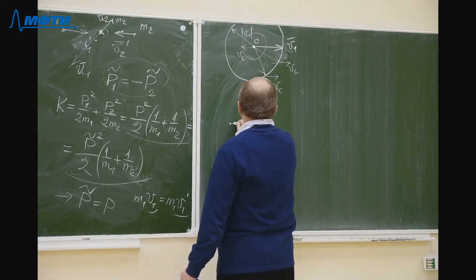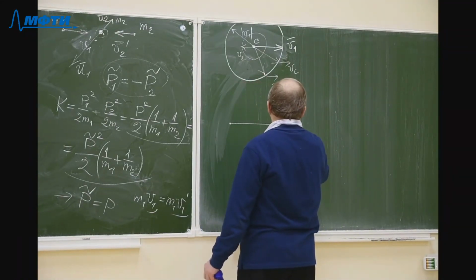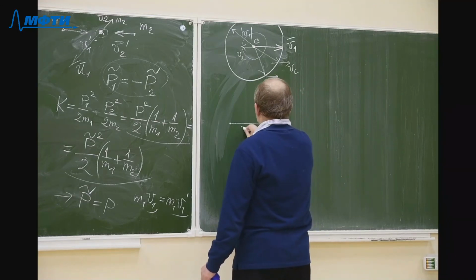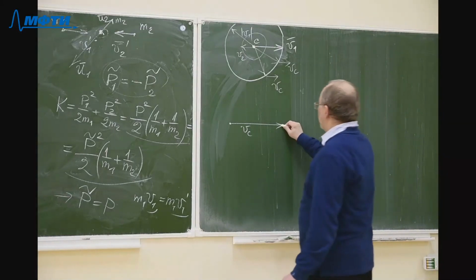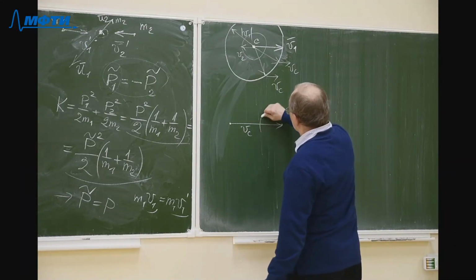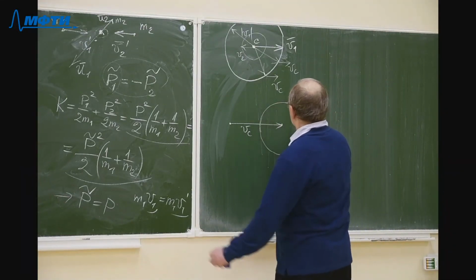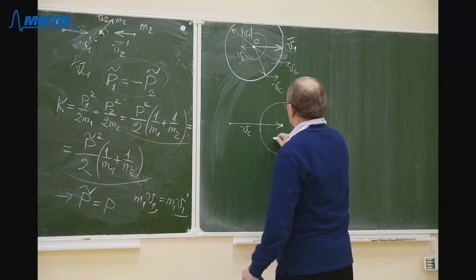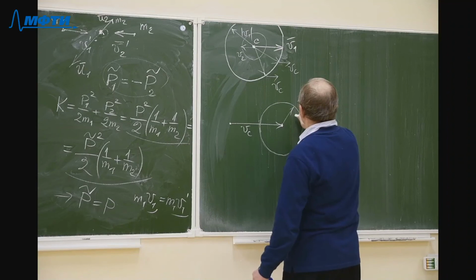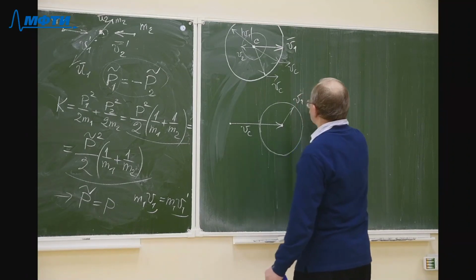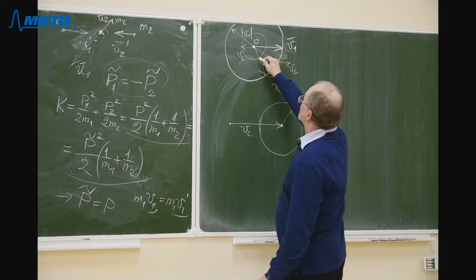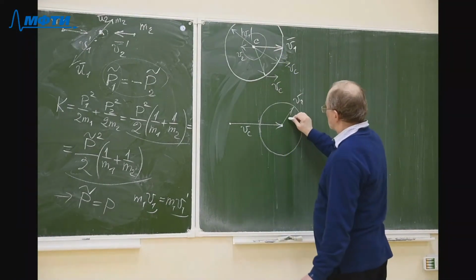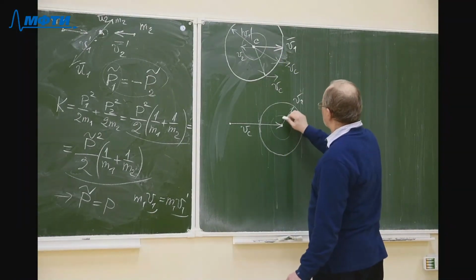So that will be the velocity of the center of mass in the laboratory reference frame, and that will be the possible directions of velocities of the first particle, and the possible directions of velocities of the second particle will be represented by a similar circle but of different radius.